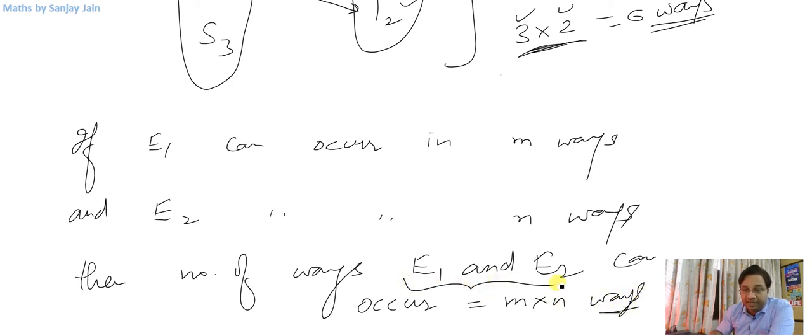When I say E1 and E2, I mean one event following the other. Both of these events should happen.